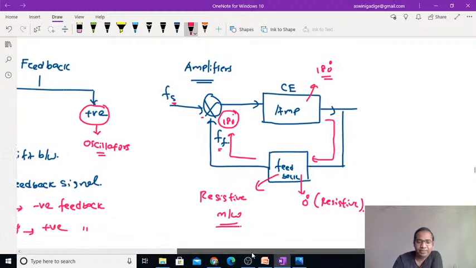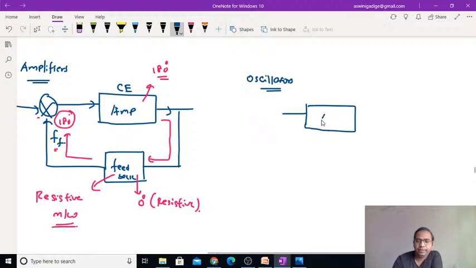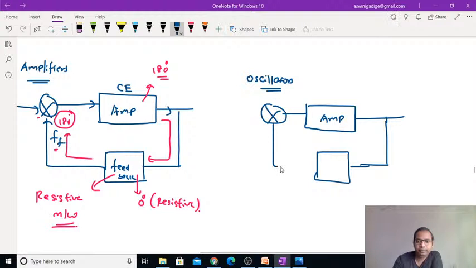Fine. So it is a case of the amplifiers. And now, coming to the oscillators, in the case of oscillators, same, we will take the amplifier, we will take the feedback network like this, and it is the positive feedback.